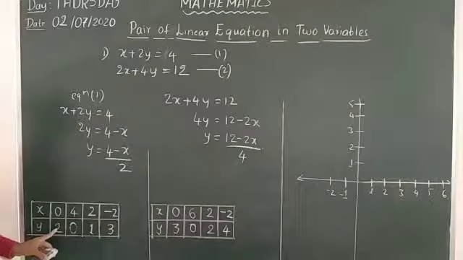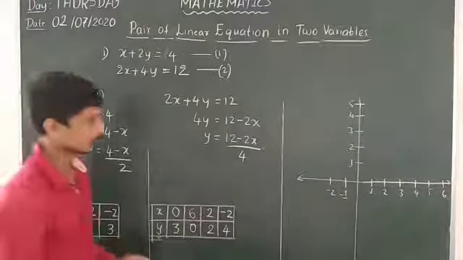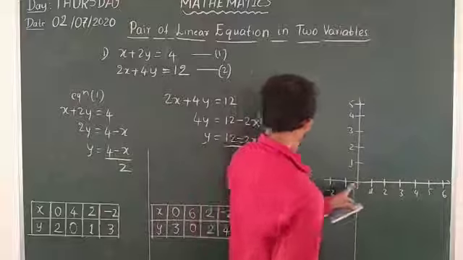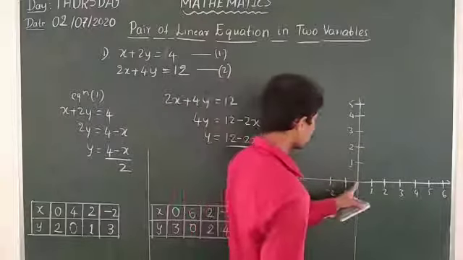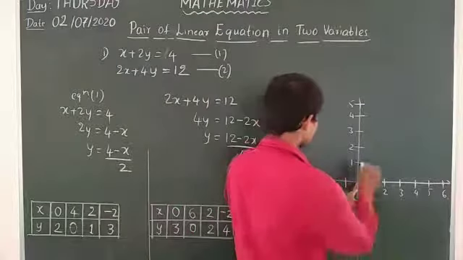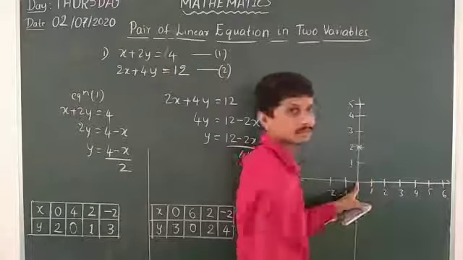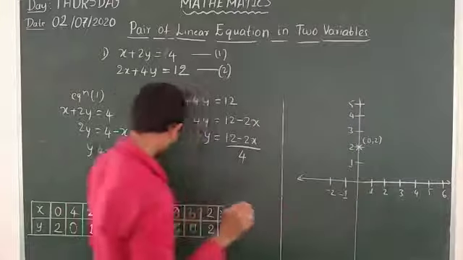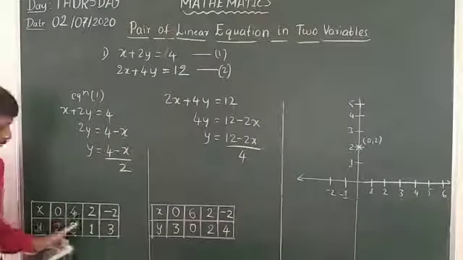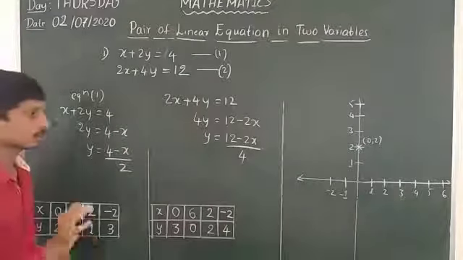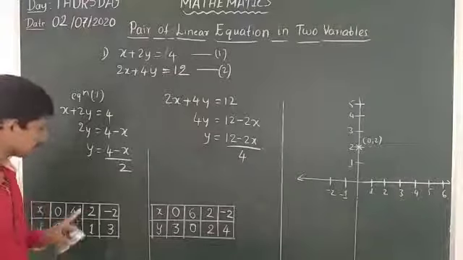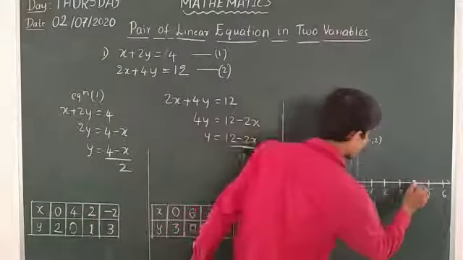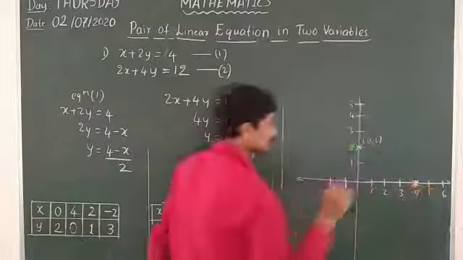Firstly, I will consider 0, 2 here. The x coordinate is 0 and the y coordinate is 2. That means the point is here. So it is 0, 2. Then let us move on to the next, 4, 0. The x coordinate is 4 and the y coordinate is 0.